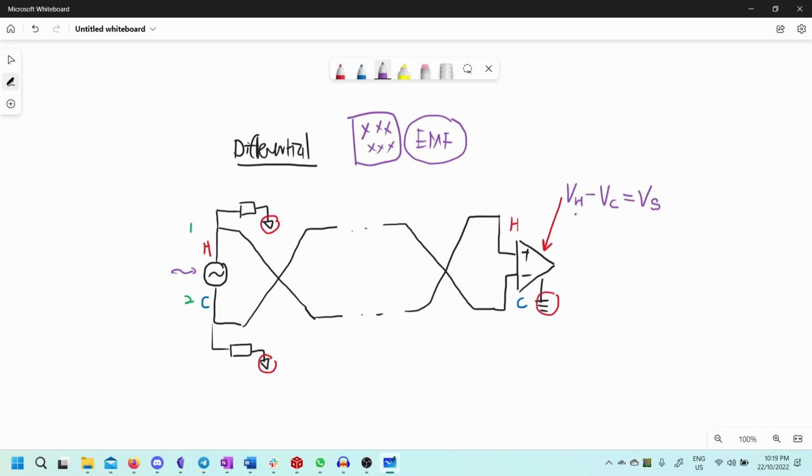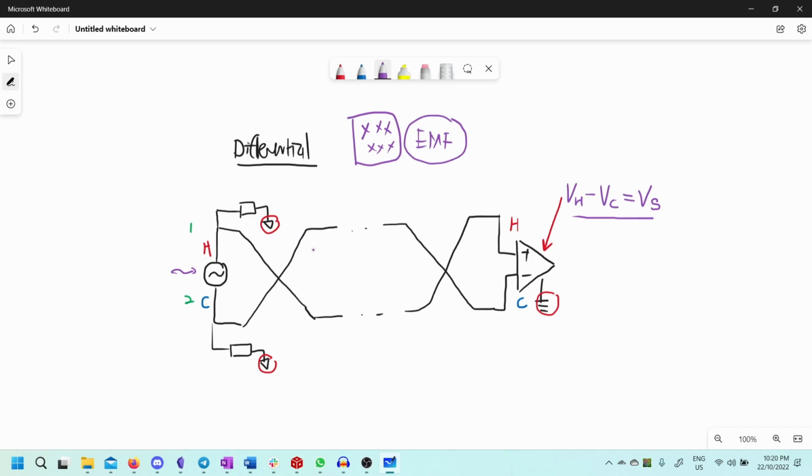Because if you look at this expression, there is absolutely no dependence on ground, right? So effectively, we have eliminated the whole noise problem caused by electromagnetic interference just because we have switched from a conventional way of transmitting a signal across a long cable to a differential scheme.